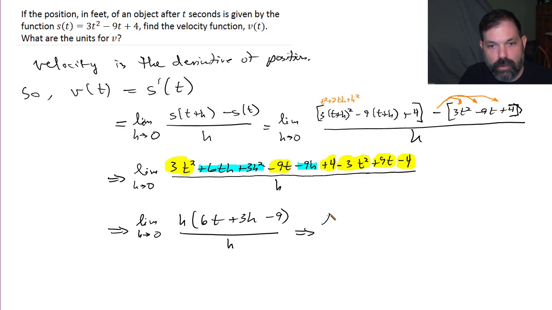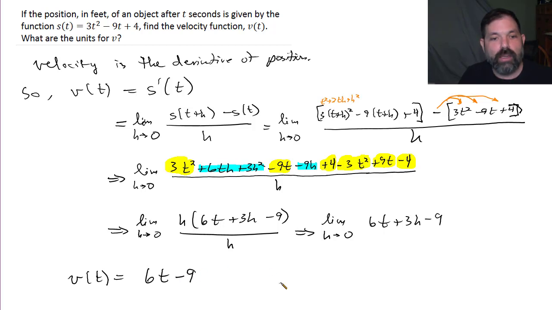Remove the common factor of h. Limit h approaching 0, 6t plus 3h minus 9. Now we can let h approach 0, and so v of t, the velocity function, is then 6t plus 0 minus 9. The velocity function is 6t minus 9.